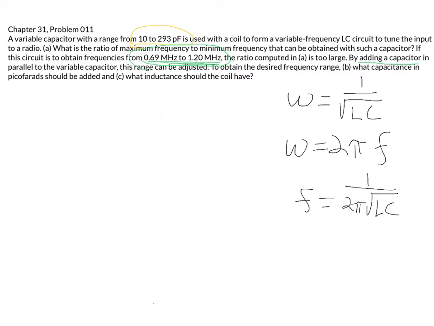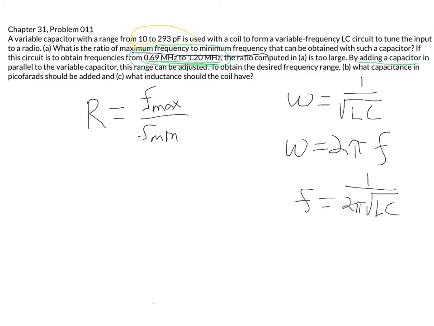So if we want to find the ratio of the maximum frequency to the minimum frequency, which I'll call the ratio capital R, we're being asked to find F max over F min.